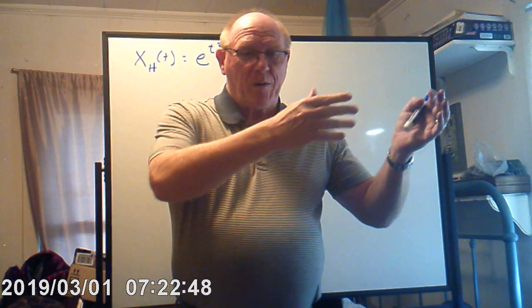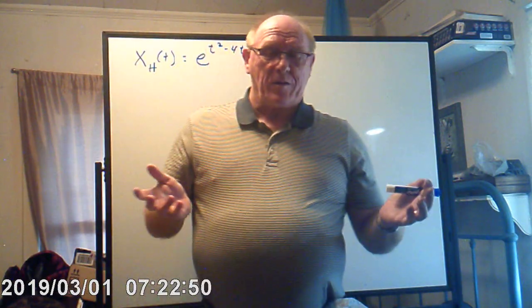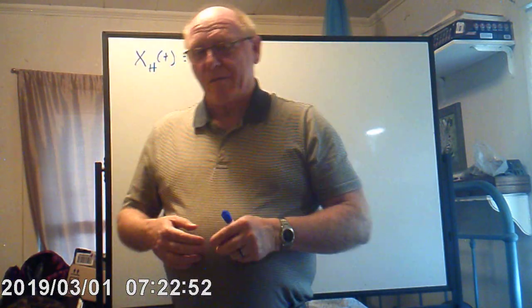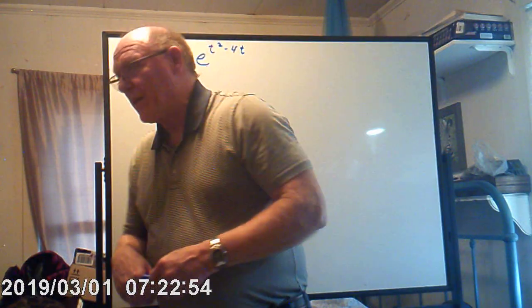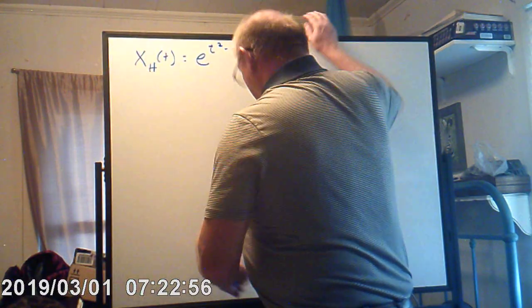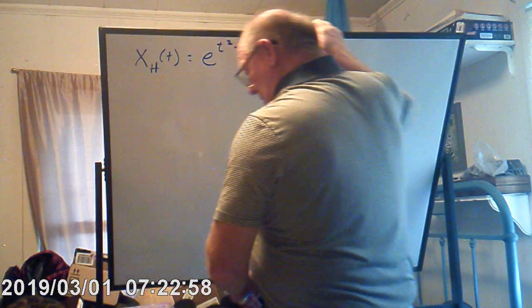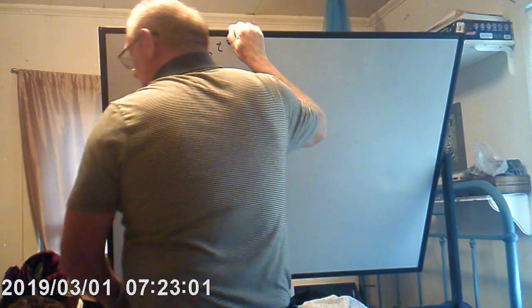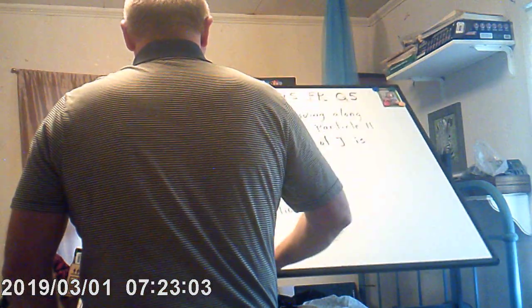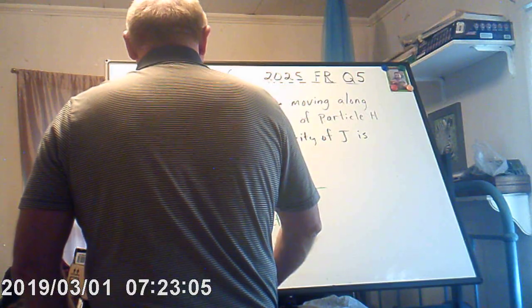We have to have the particles moving, and to get that, we need the velocity of both particles. So we have e to the t squared minus 4t, and 2t times t squared minus 1 to the third.